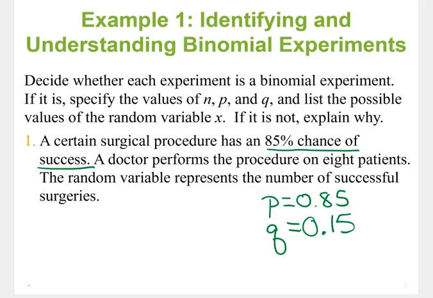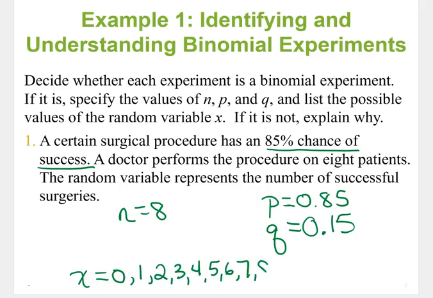The doctor performs 8 procedures, so n equals 8. And then the possible values of x: x could be 0, he has no successes, one of those 8 is successful, 2, 3, 4, 5, 6, 7, or all 8 are successful. So there are the number of successes.